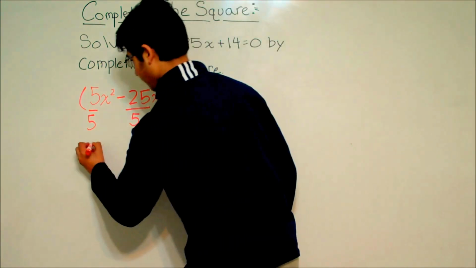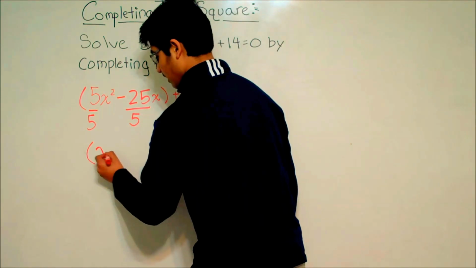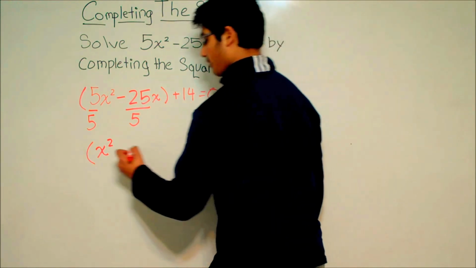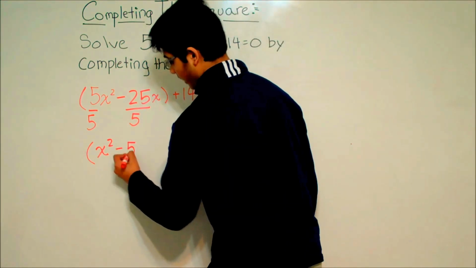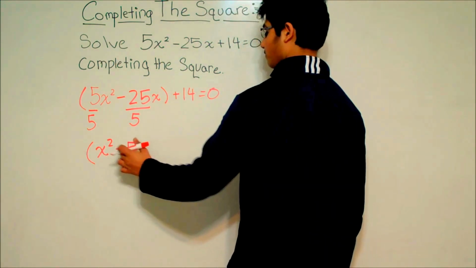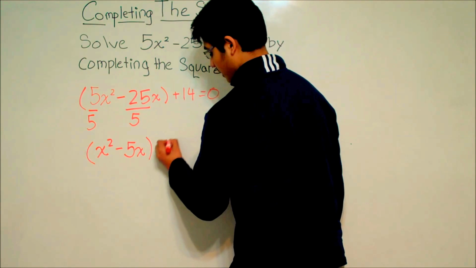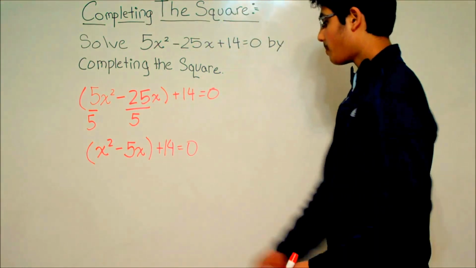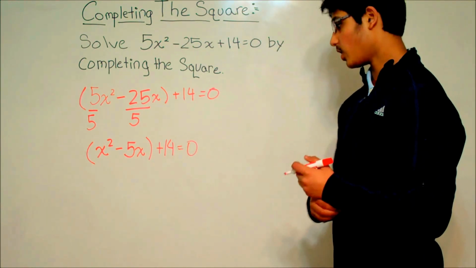So we get 5 divided by 5 is 1, which we don't have to write, because 1 times x squared is x squared. So we have x squared minus 5x plus 14 equals 0. But because we didn't divide this by 5, where does that 5 go?